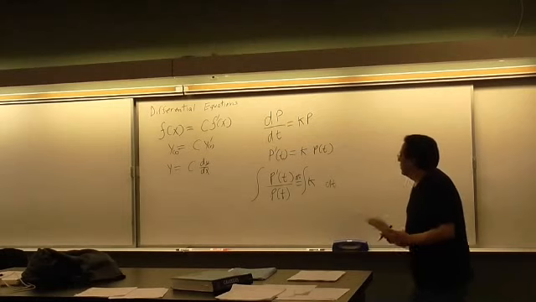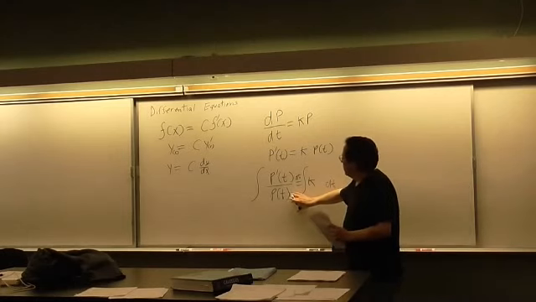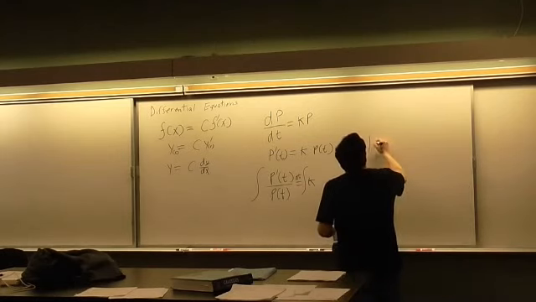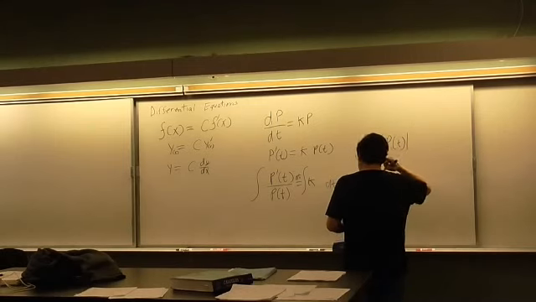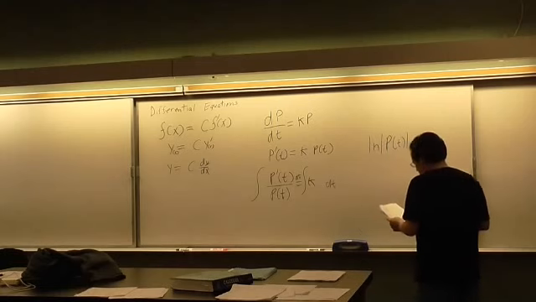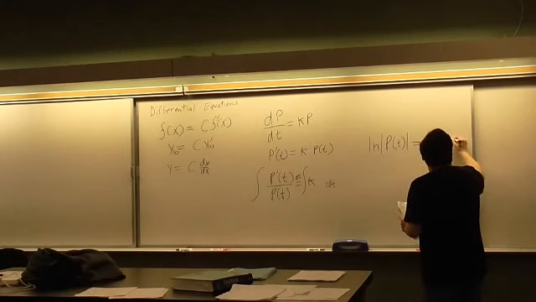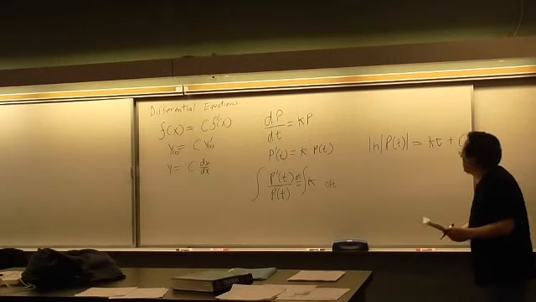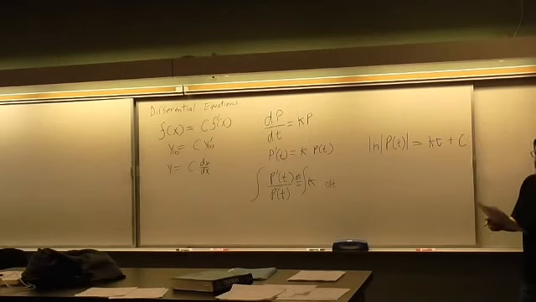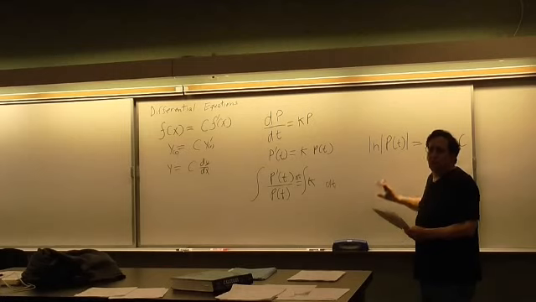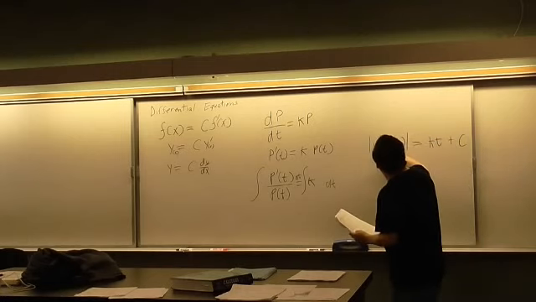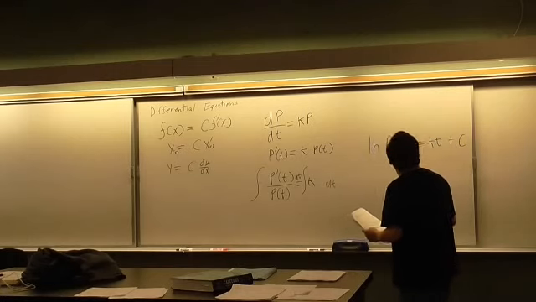So on the left, we get a very familiar pattern, and we get the log of the absolute value of p. And on the right, we're going to get kt plus some unknown constant. Now we can do some simplification immediately. We know that populations are always positive, so we don't really need the absolute value signs.